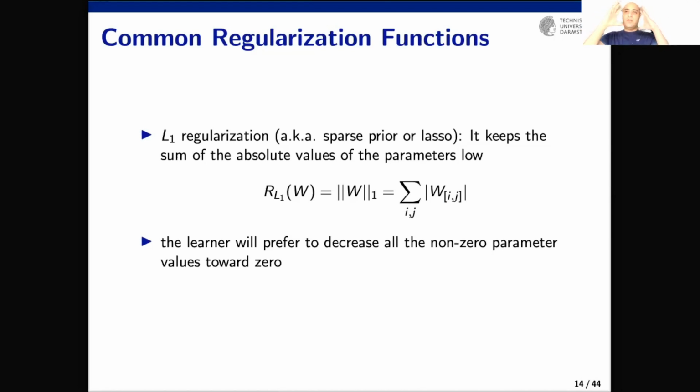So instead of looking at all parameters at the same time, what we do is that we look at each parameter one by one and try to keep all the values close to 0.